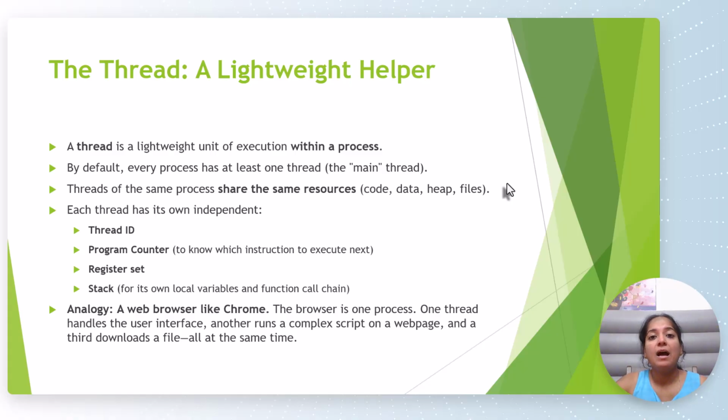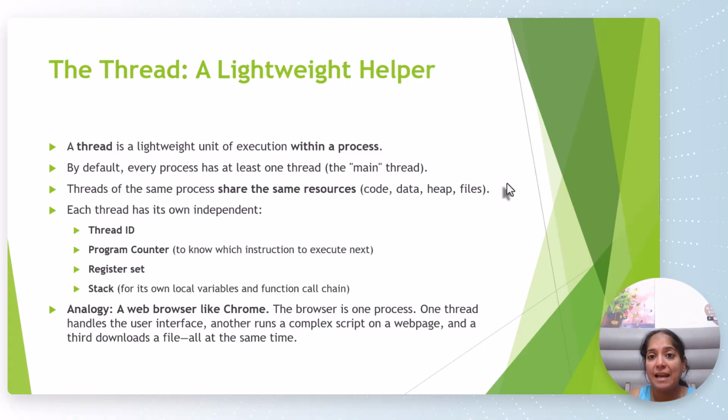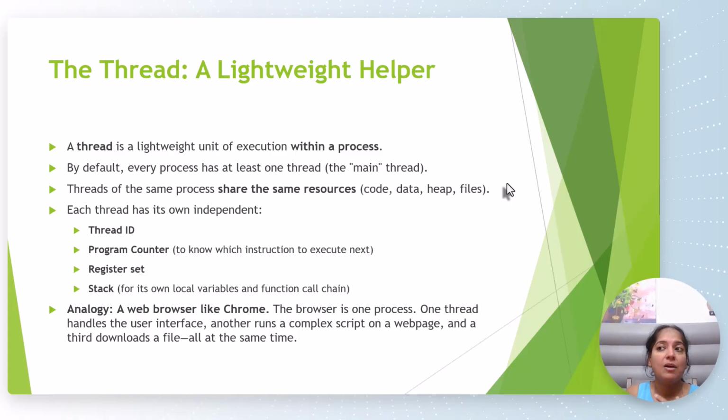Thread. A thread is known as a lightweight process. It is a lightweight unit of execution within a process. Each process has at least one thread, which is called the main thread.